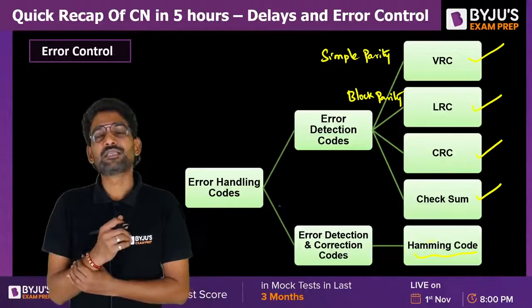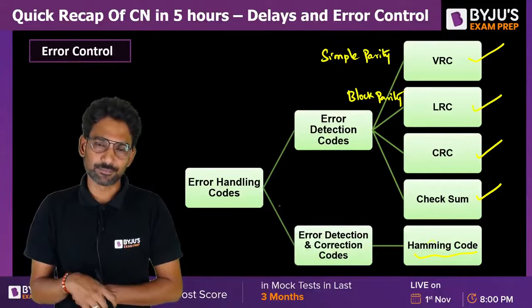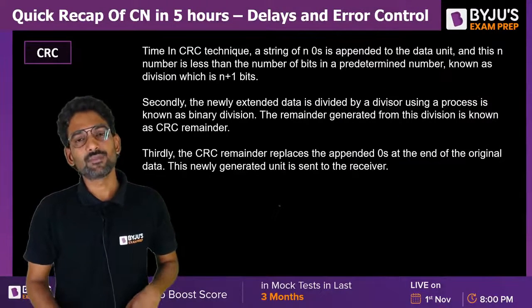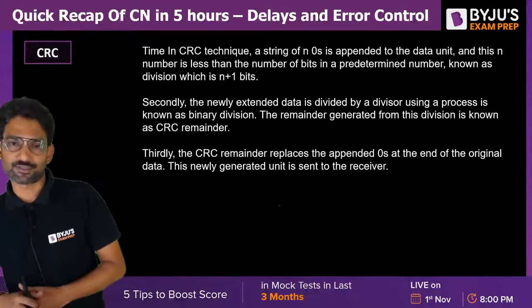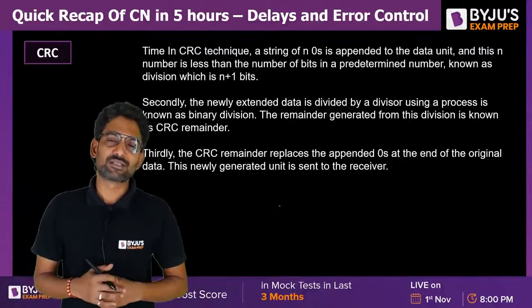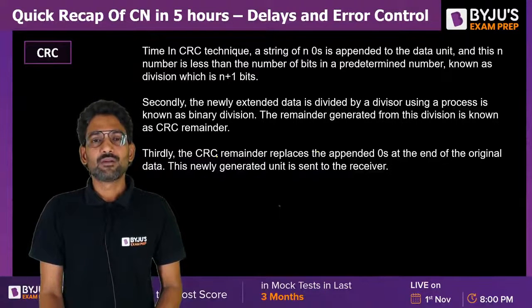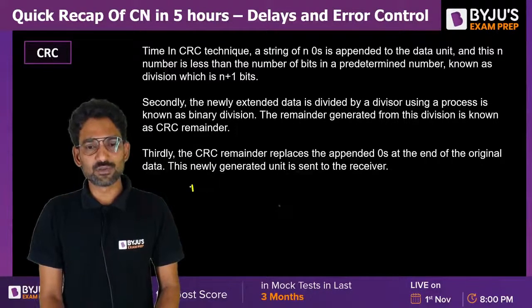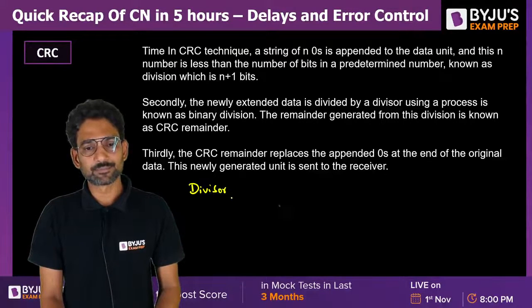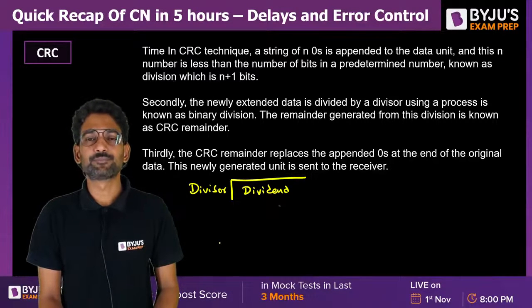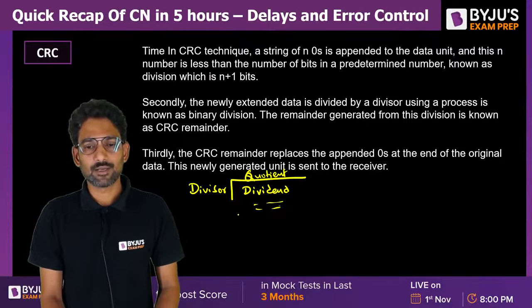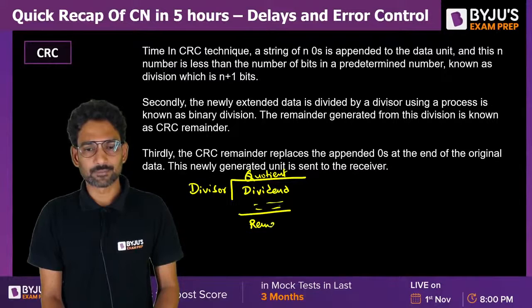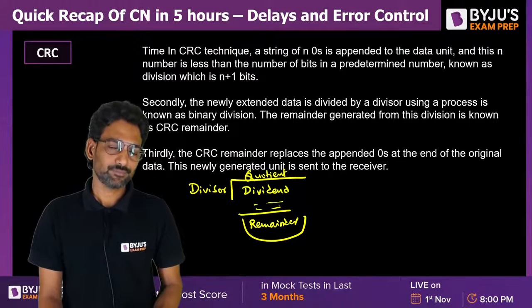Then CRC, cyclic redundancy check, what is it? It is basically based on the division process. Division means we have a divisor, we divide the dividend with the divisor, and you will have quotient and remainder. These are the 4 values in the division process, right?